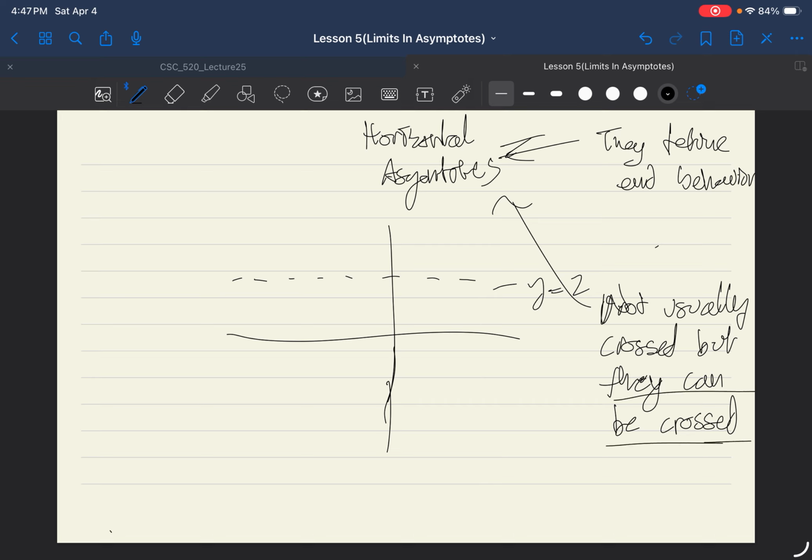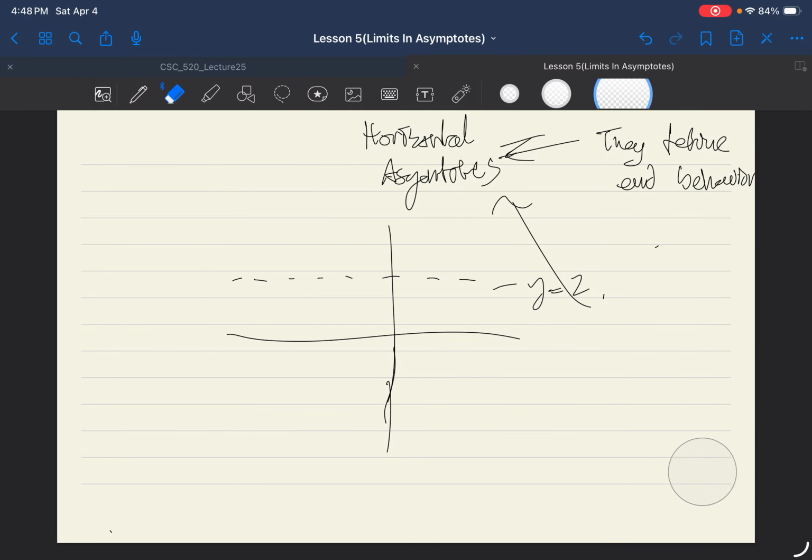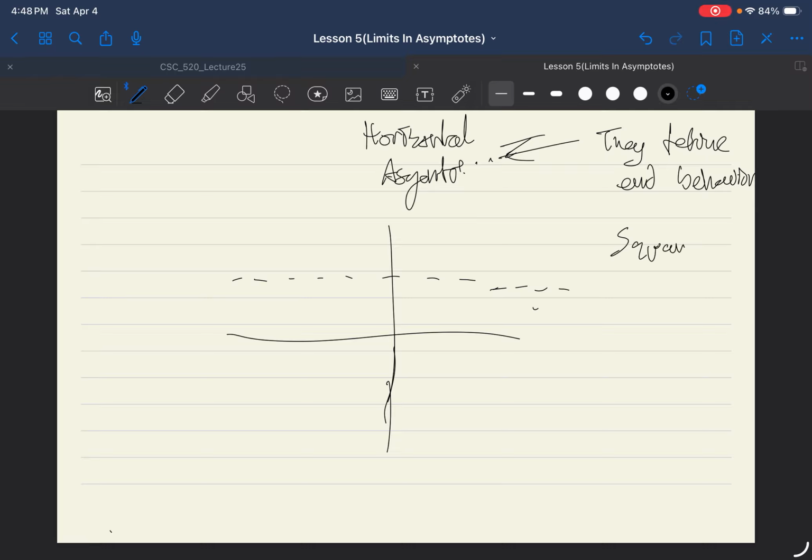This is important. So for example, a horizontal asymptote at a specific number might not exist due to the fact that, for example, the square root function. Let's take the function x squared.